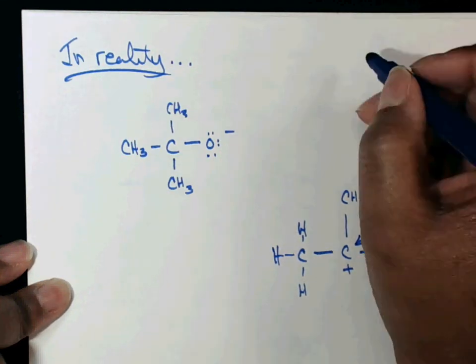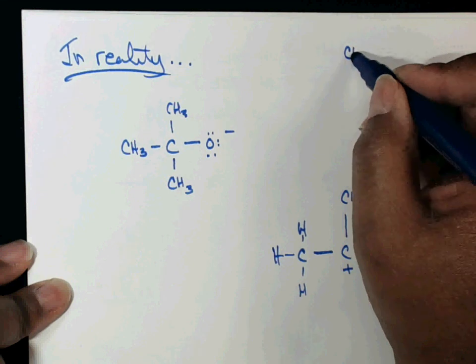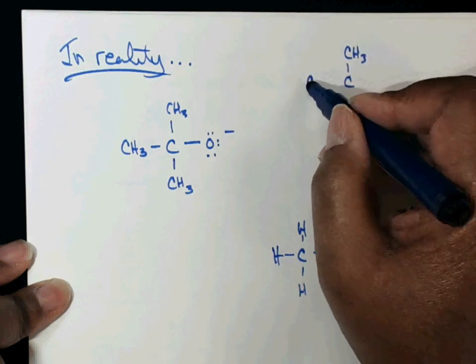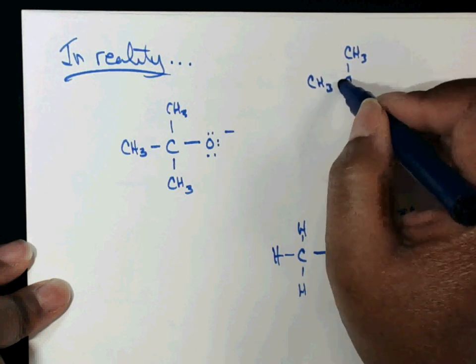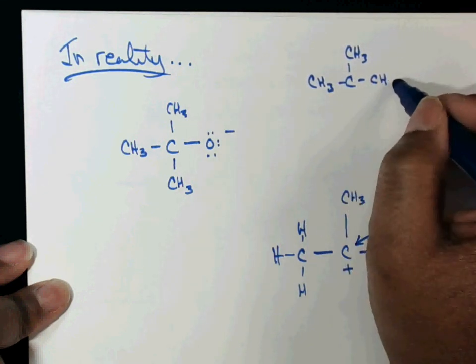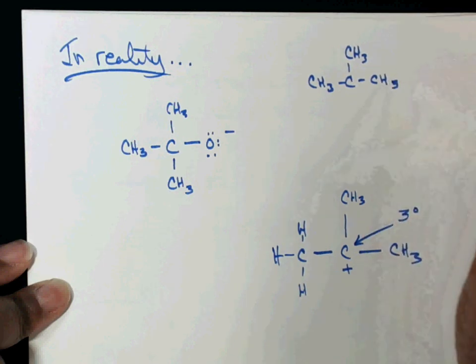In fact, let me just draw it up here for you so you can see. But T-butyl halides are very easily dehalogenated.